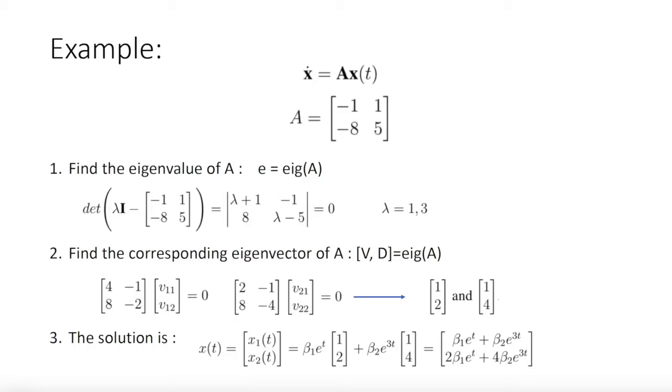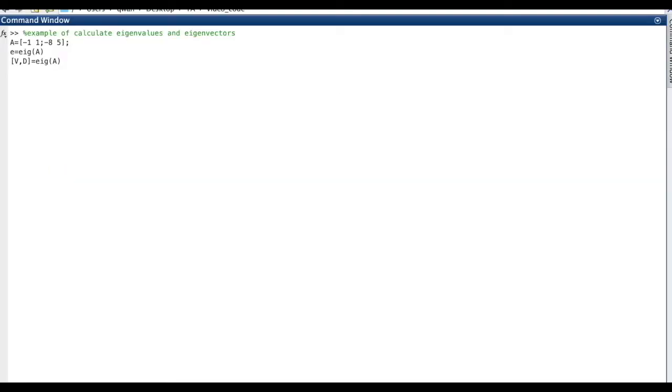The final step is that the solution can be found as beta 1 times e to the first eigenvalue multiplied by its eigenvector, plus beta 2 times e to the second eigenvalue multiplied by its eigenvector.